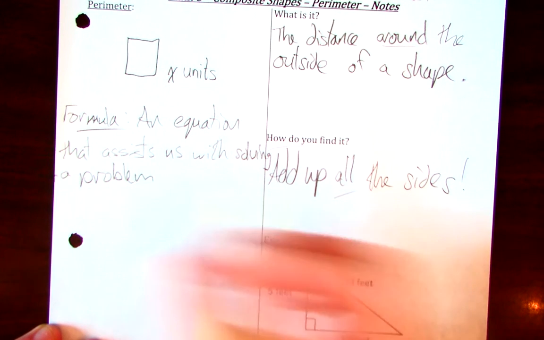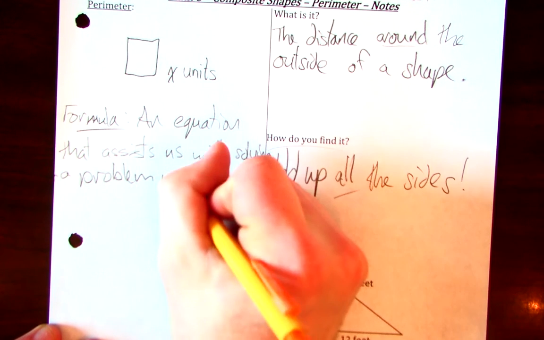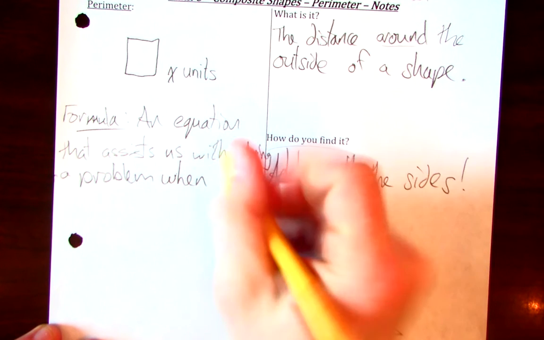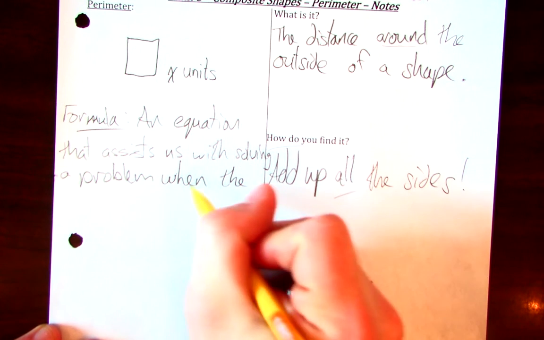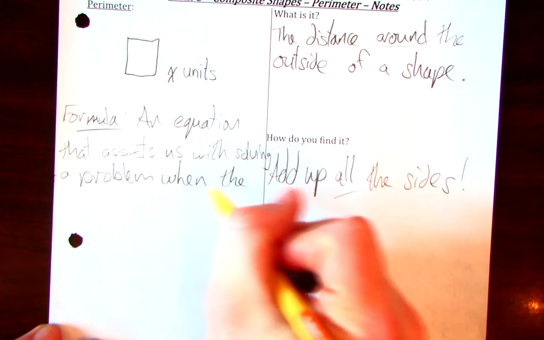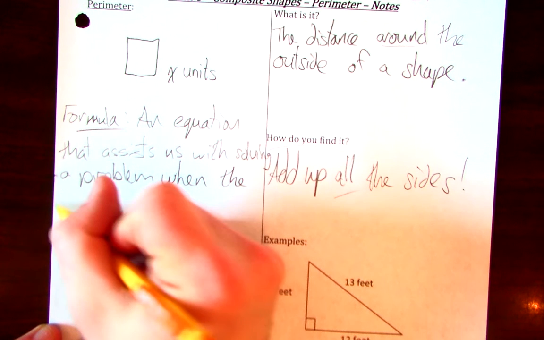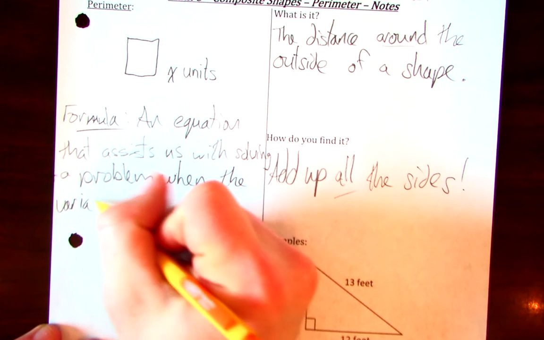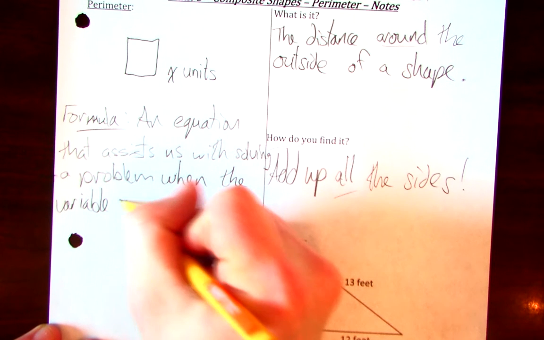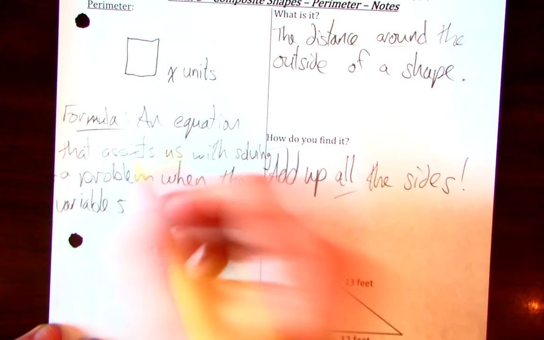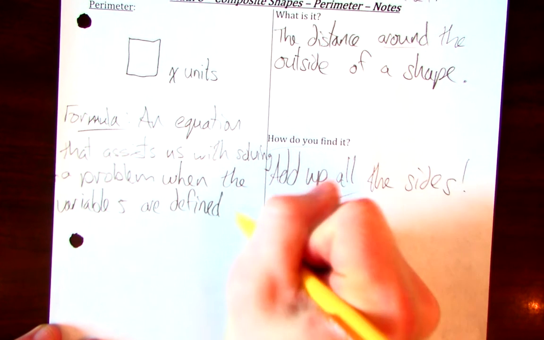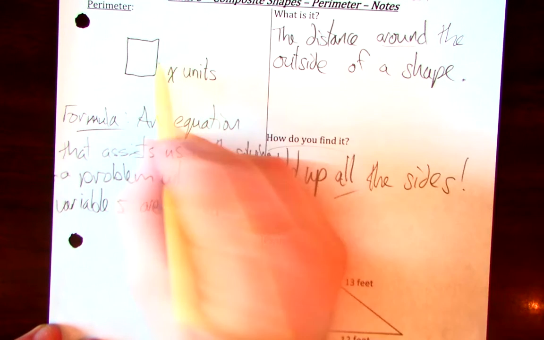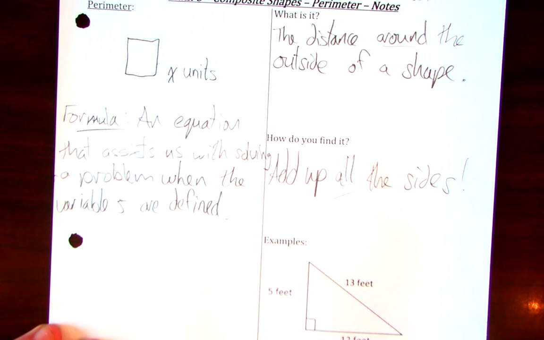Again, you want to use your problem-solving skills to the best of your ability, but you always want to use the resources that are around you. So it helps us with solving problems when the variables are defined. Meaning, if I knew what this side length would be, I'd be able to figure out what this would be.